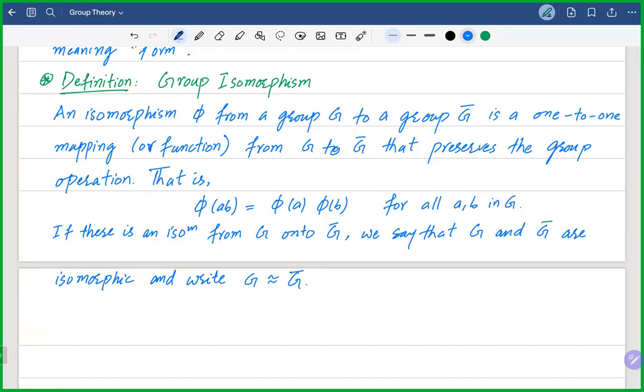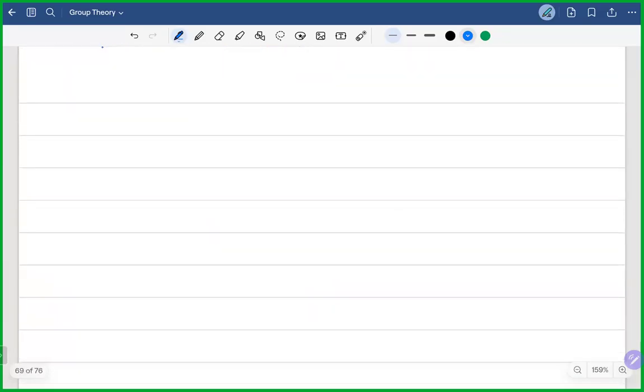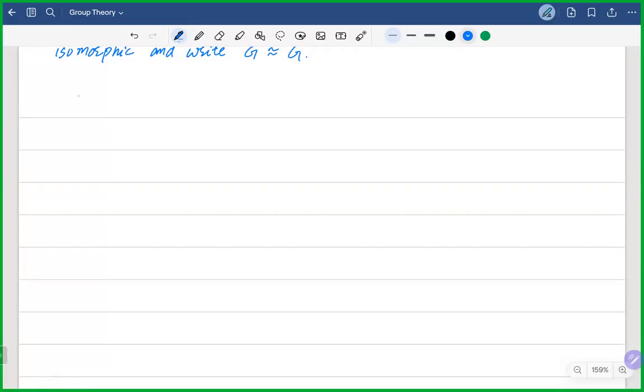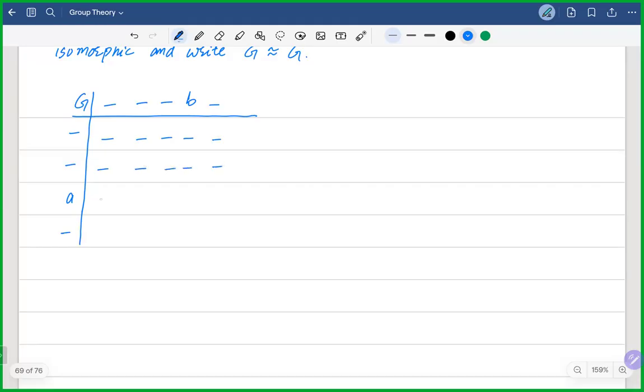So let's say we have a table for G where we have A here and B here. We don't know about these, but we do know this is going to be AB.